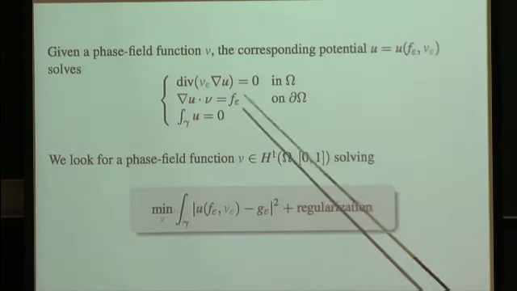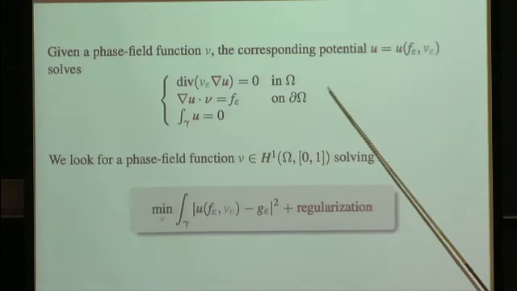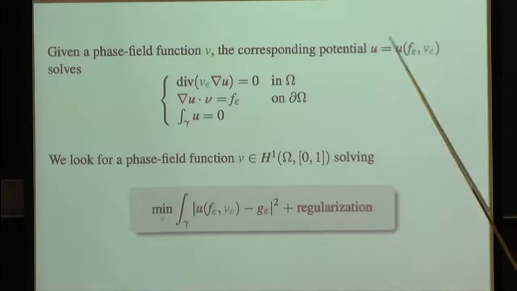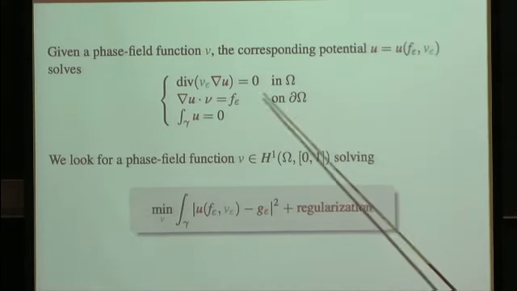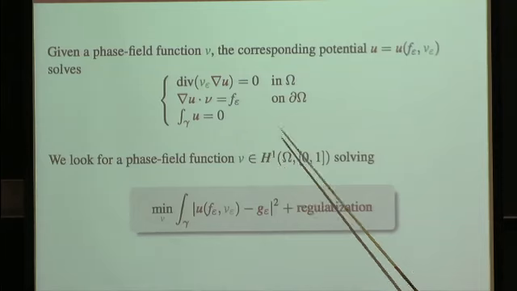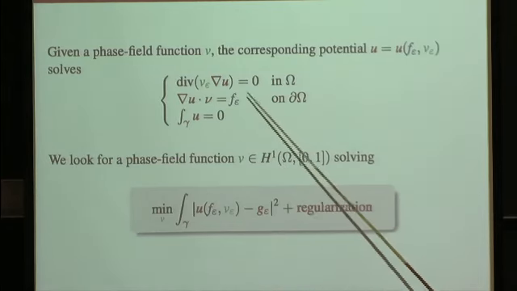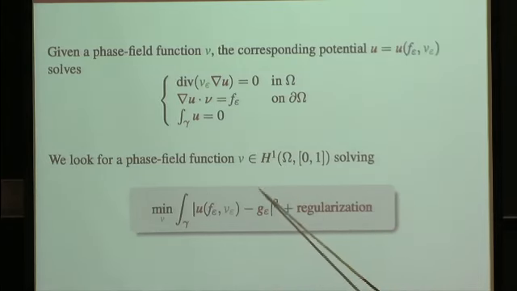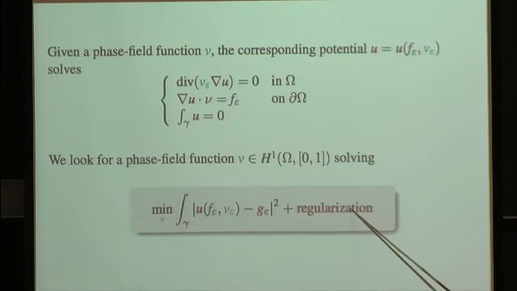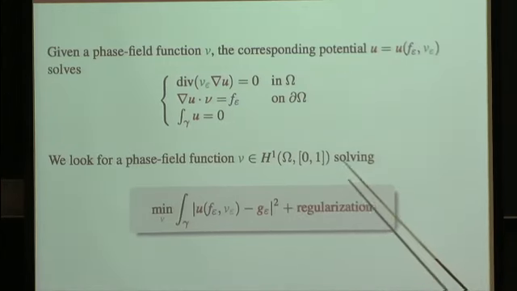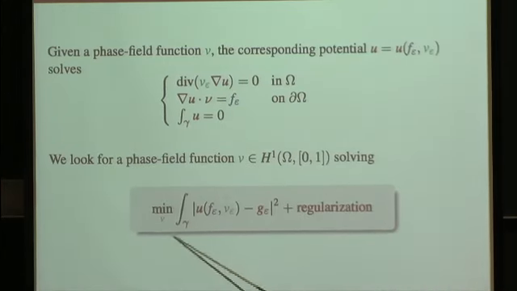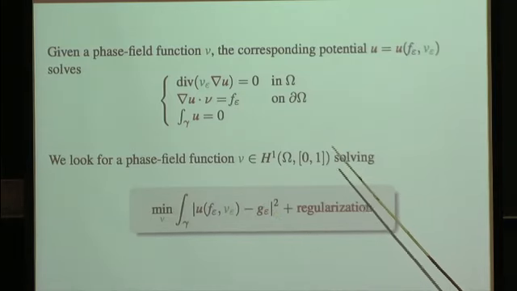Okay, so given a phase field function, I can define the corresponding potential, and I can solve this problem. And I would like to find a phase field function which is matching my Dirichlet datum as best as possible, plus some regularization. What are the advantages here? Well, first of all, you minimize over smooth functions and not over sets anymore.